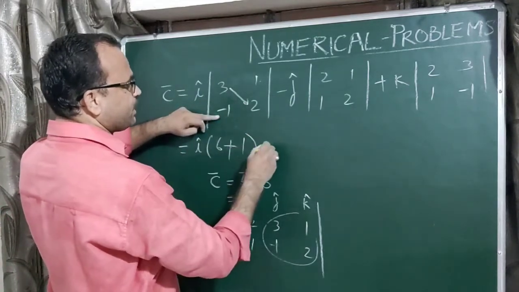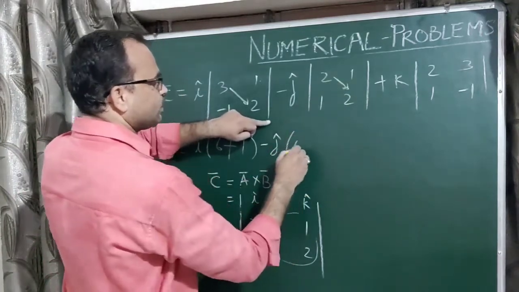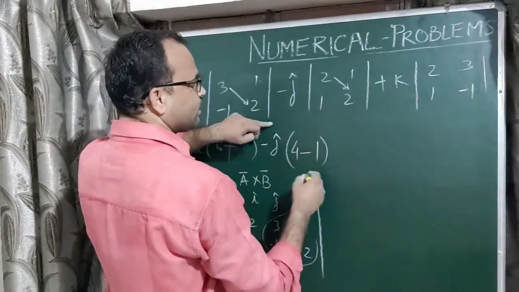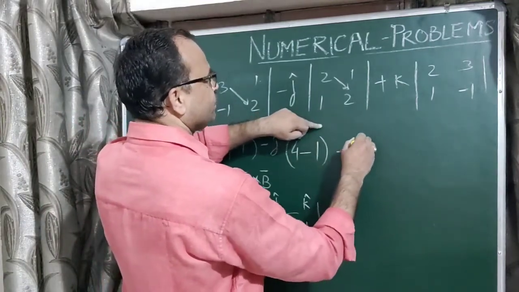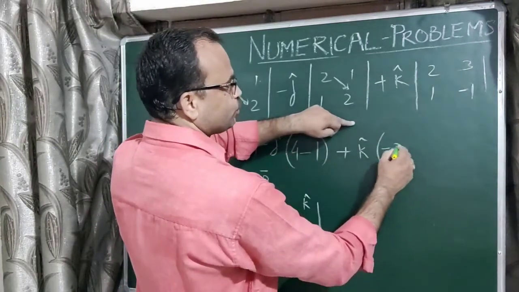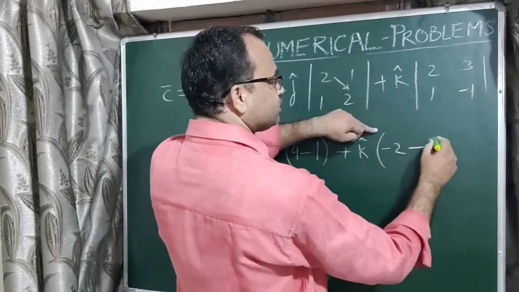Then minus J. Similarly here 2 times 2 is 4, minus sign, then 1 times 1. After that K cap. So 2 times minus 1 is minus 2. Then minus sign, 1 times 3 means 3.